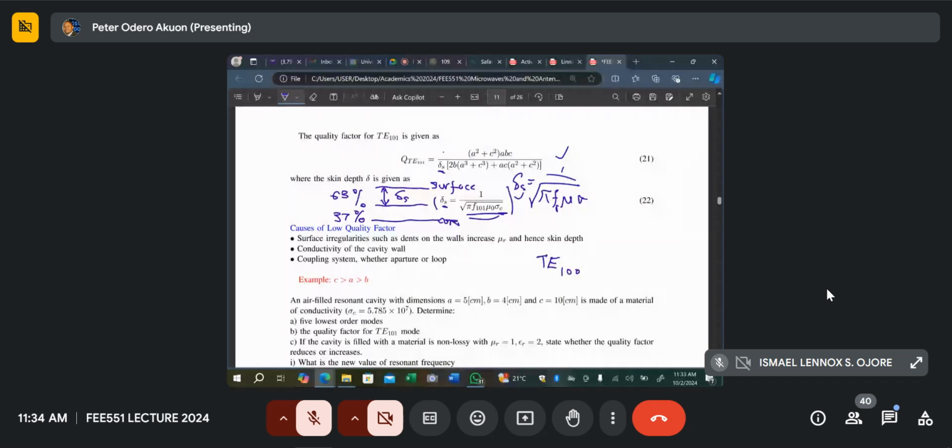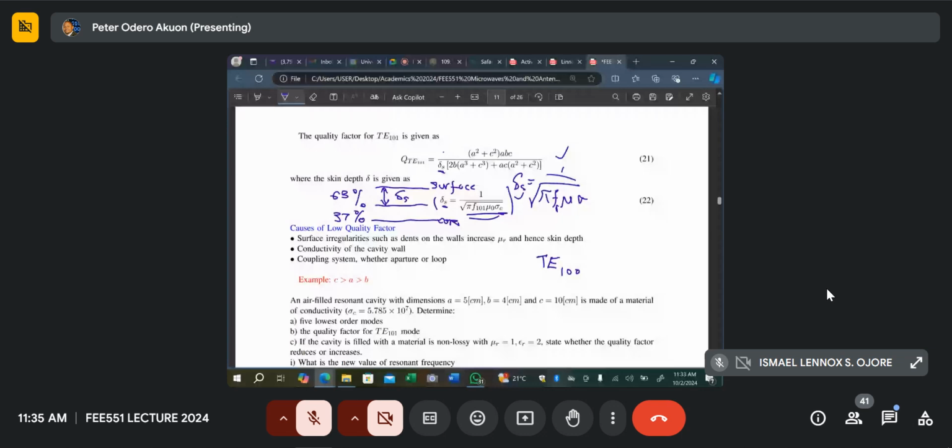So the question here is, when P is equal to 0, it means then that end is also open, isn't it? So it's not closed, then it's no longer a cavity. It's just a hollow structure. In that case, it would be looking like a hollow waveguide. So that's not what we are looking at. We are looking at a closed one. Those are just for insights for you to understand what you're doing.